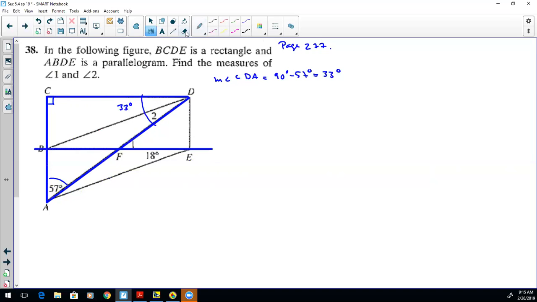Okay. Now, if you look at CD and BE, they are parallel lines because BCDE is a rectangle, it's a parallelogram. So, and AD is a transversal.